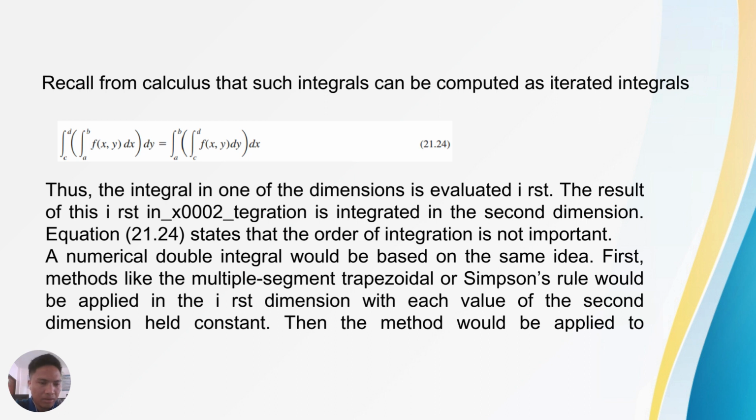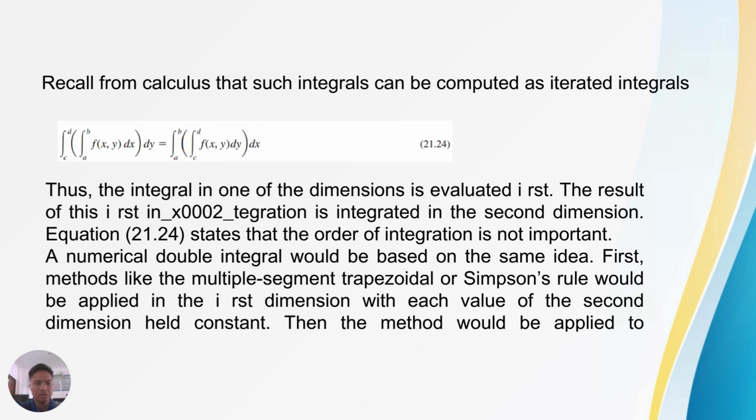This is simply equal to the integral from a to b times the integral from c to d. We only interchange the limits together with the constant.